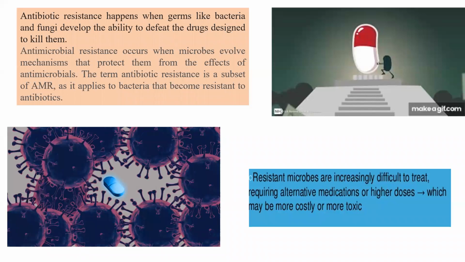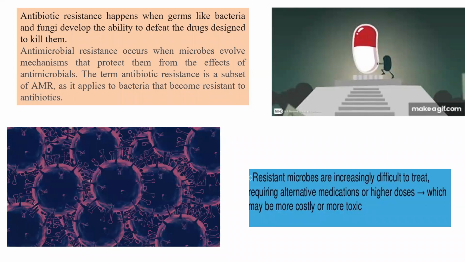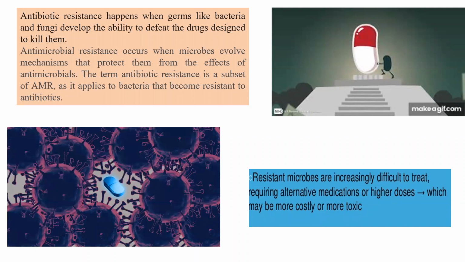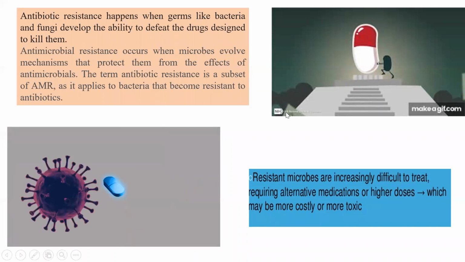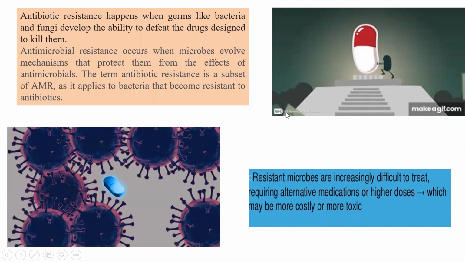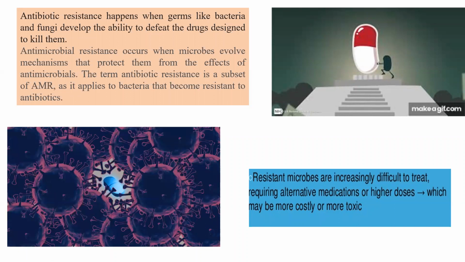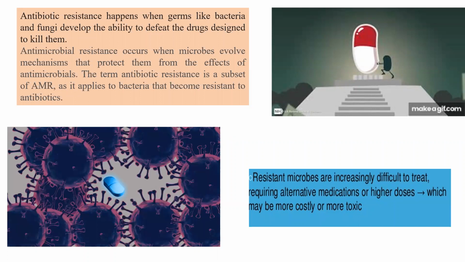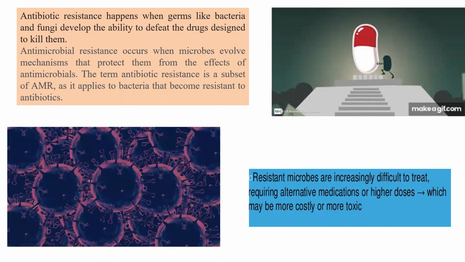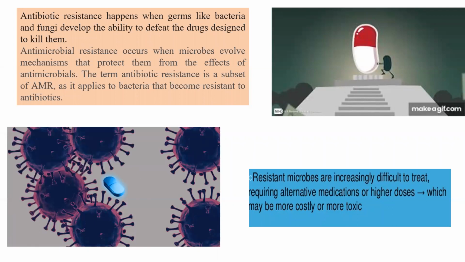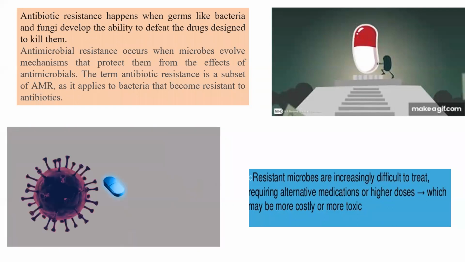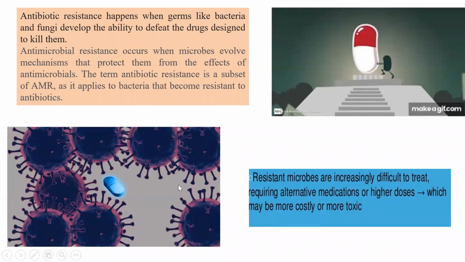Now, antibiotic resistance happens when germs like bacteria and fungi develop the ability to defeat the drugs designed to kill them. So antimicrobial resistance occurs when microbes evolve mechanisms that protect them from the effects of antimicrobials. The term antibiotic resistance is a subset of AMR, as it applies to bacteria that become resistant to antibiotics.